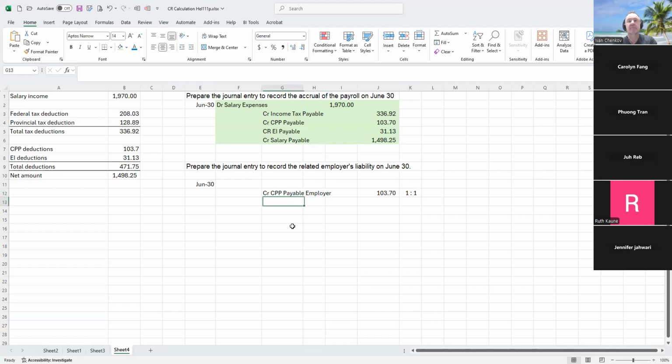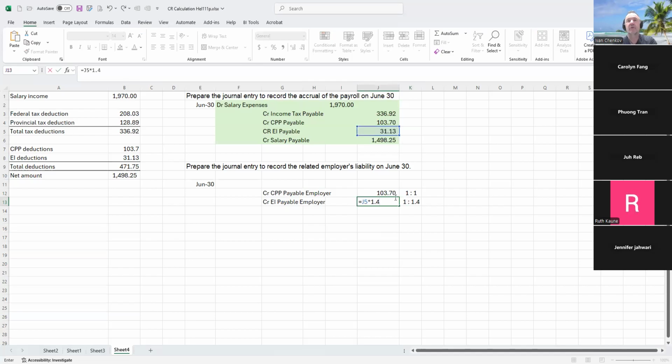Next one, does the employer have to pay employment insurance? Yes, let's pay that: employment insurance payable, employer. How much does he have to pay? What's the ratio here? 1.4 to 1. So for every dollar the employee pays, the employer is gonna pay 1.4. So how much did the employee pay? That much. So how much do I have to pay?